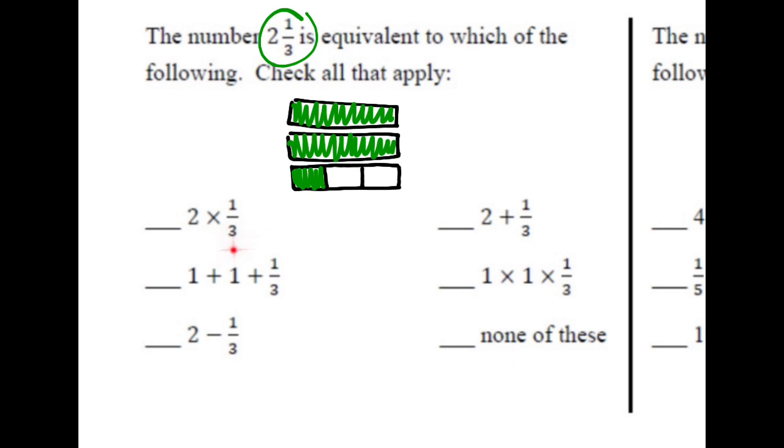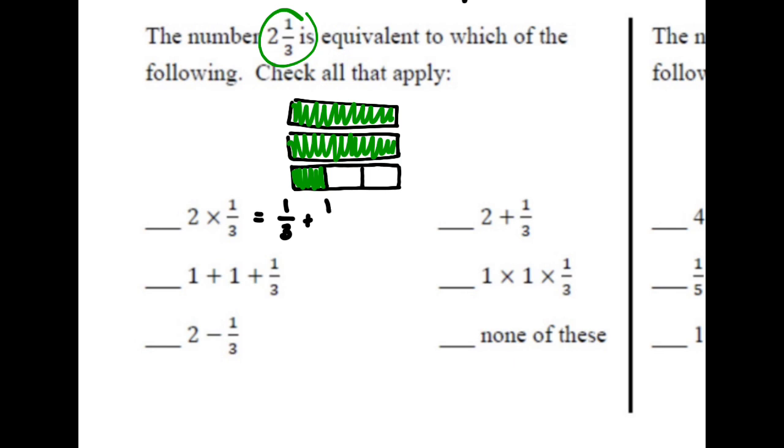No, it is not. This means I have 2 of these, which would be equivalent to repeated addition, those two added up. So it would only have those two, and these two wouldn't even be included. Okay, so that one's no.